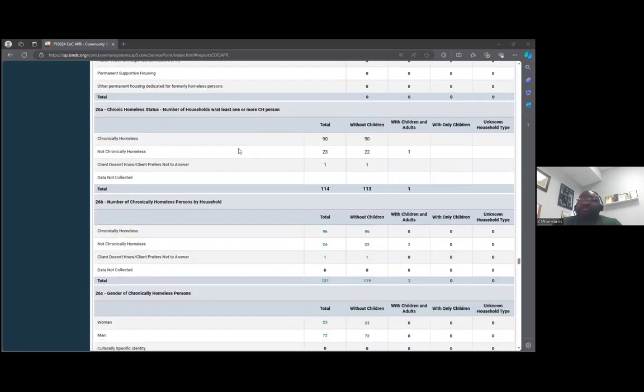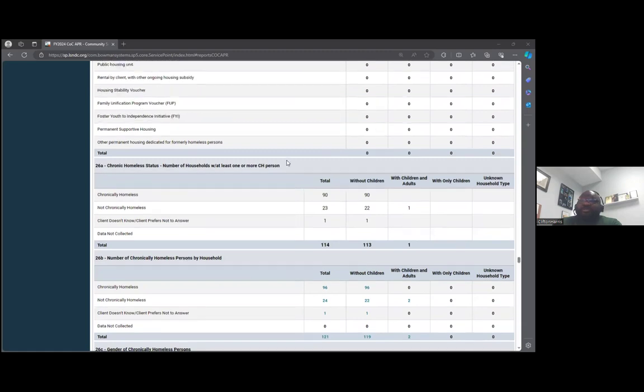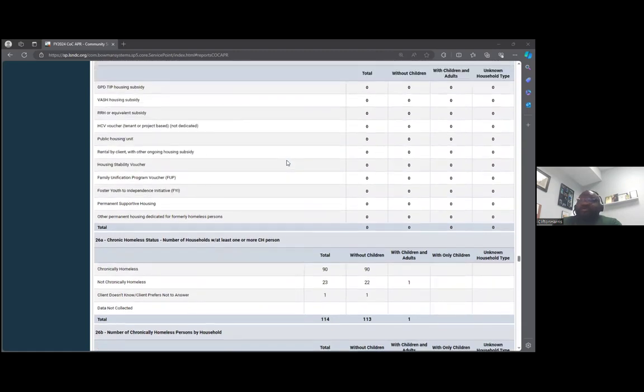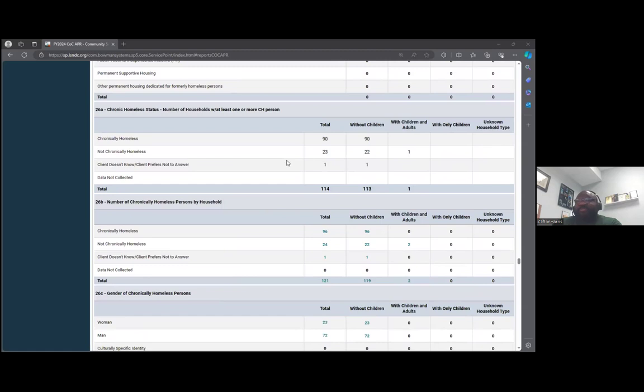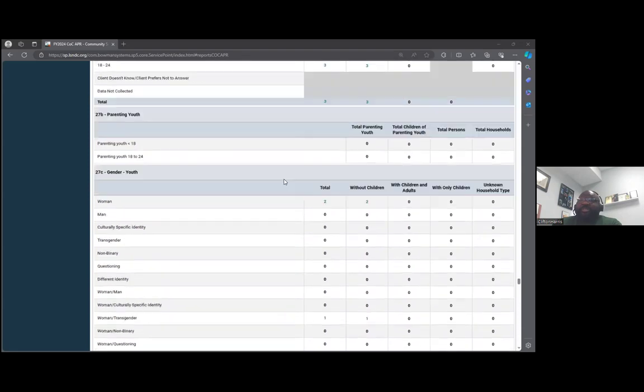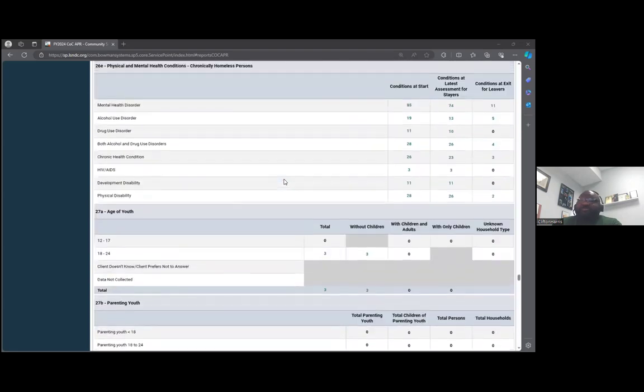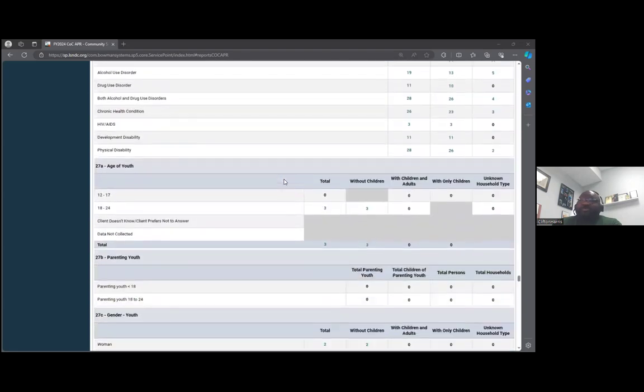There's a section 26, which is for chronic homeless. Same thing. If you have people reported as chronic, it'll populate section 26. If you don't have any chronic, there won't be anything in these sections. It has some of the same data pieces, just separated specifically for chronic. And section 27 is specifically for youth under 25, right?